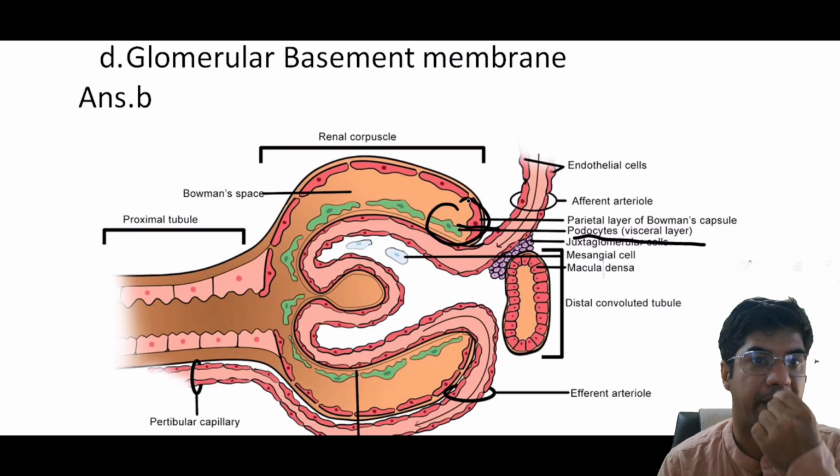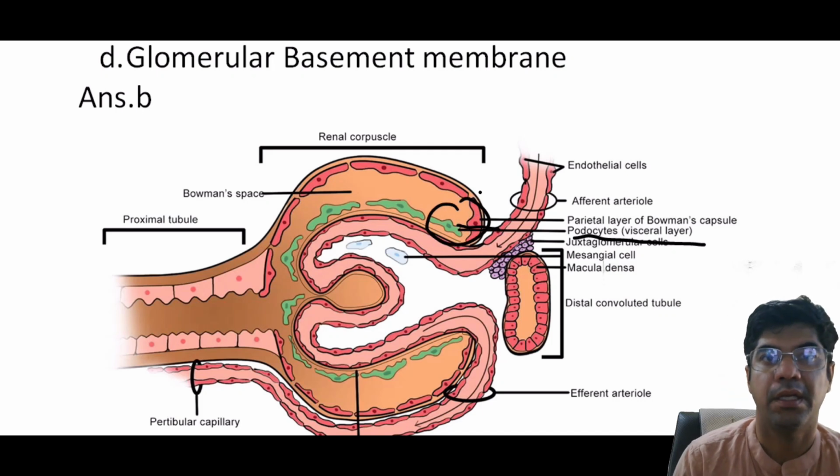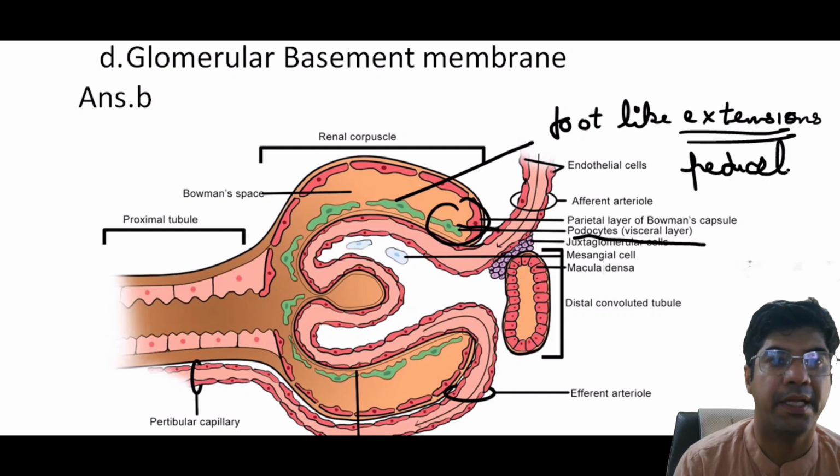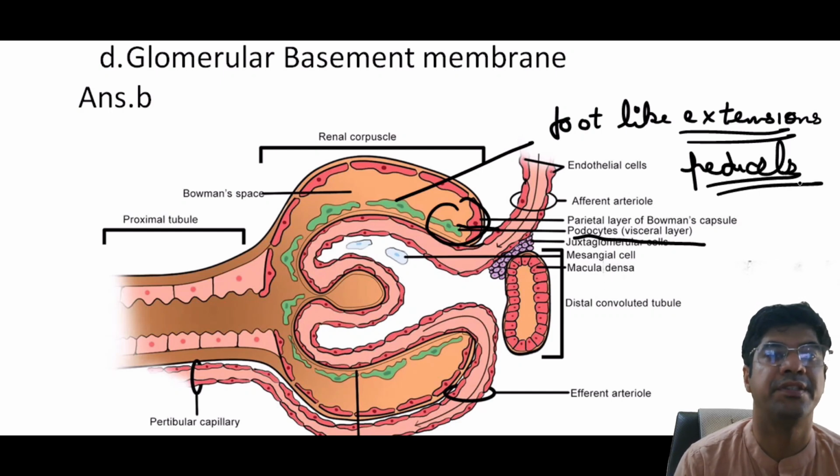These are specialized epithelial cells that wrap around the capillaries of the glomerulus. They have foot-like extensions, known as pedicles. These pedicles create filtration slits that are important for the selective permeability of the filtration barrier.